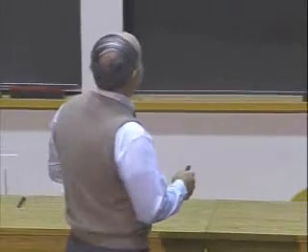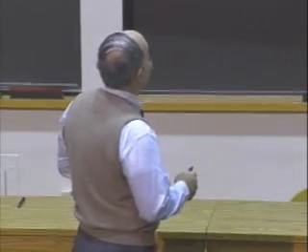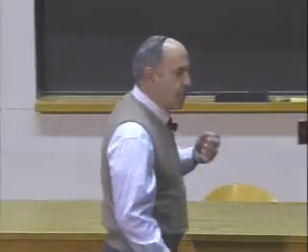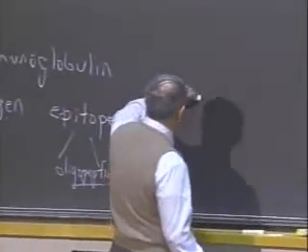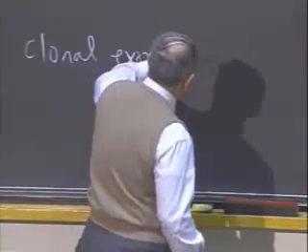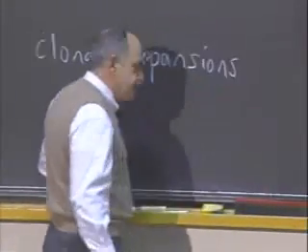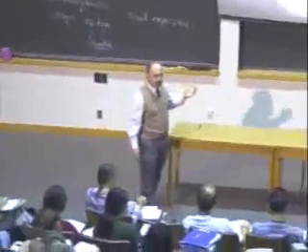And therefore, the recognition of the antigen by these two B cells may thereafter provoke their clonal expansion. By that, I mean to say that they will preferentially begin to proliferate, whereas all the other B cells, which are not in any way responsive to that antigen, will just sit there like bumps on a log.